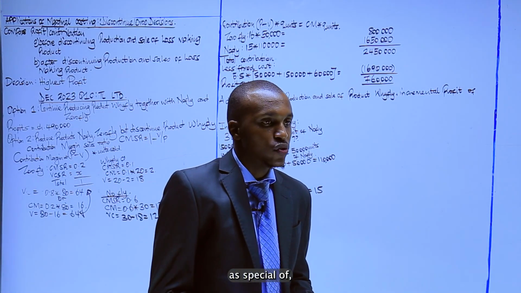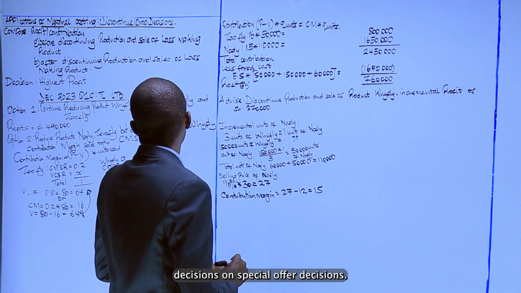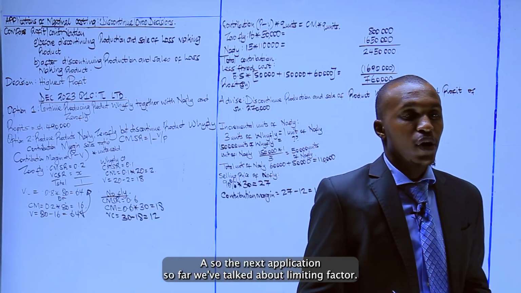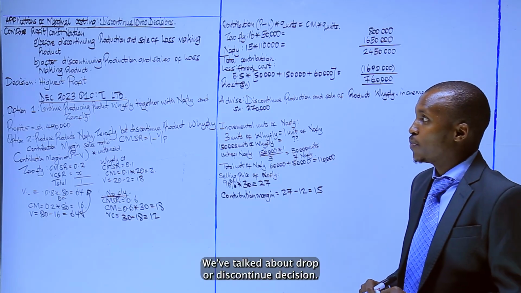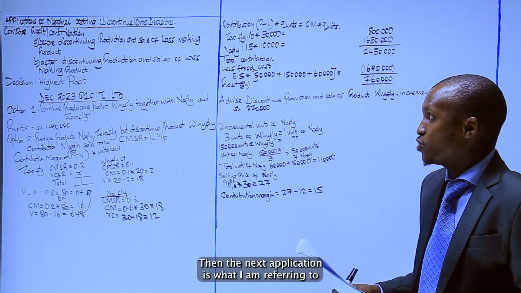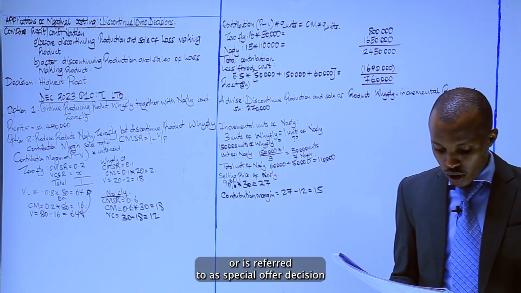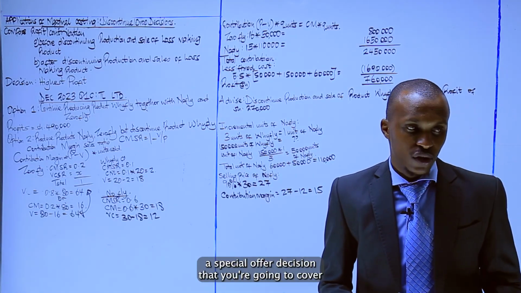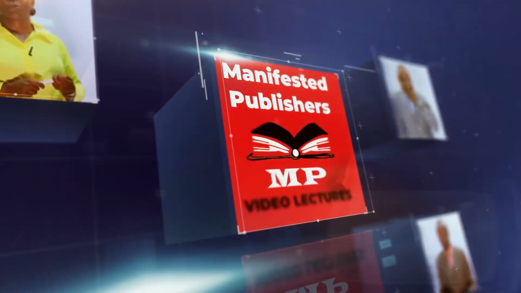So far we've talked about limiting factor, throughput, and drop or discontinue decisions. The next application is special offer decisions, which we're going to cover in the next lesson.